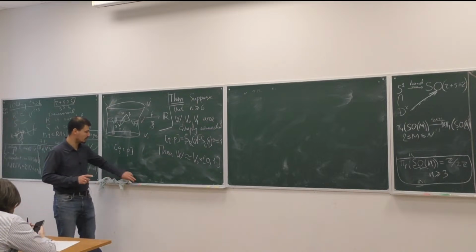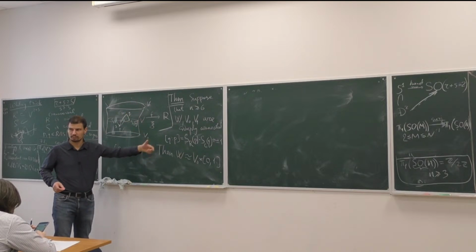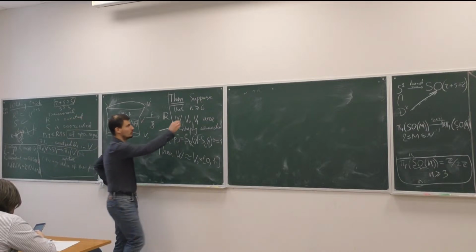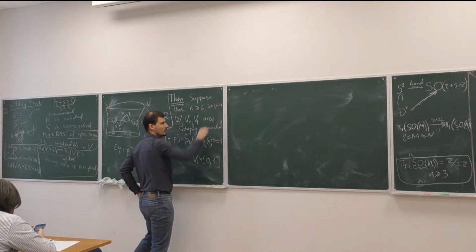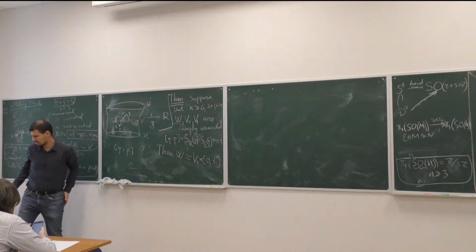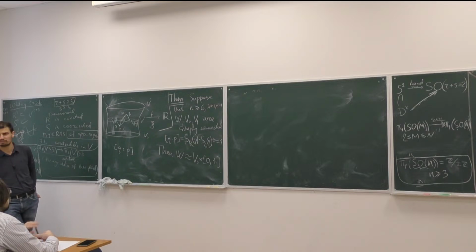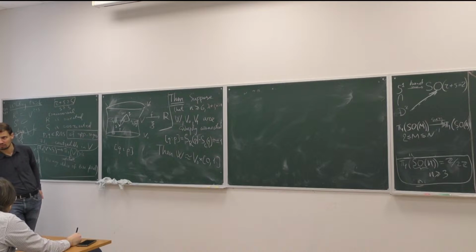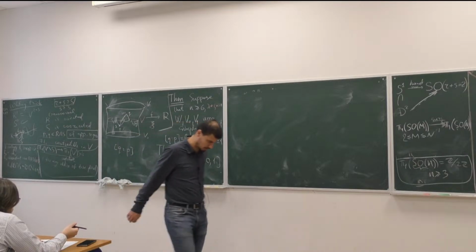And I would like to add one condition. This theorem is true in this generality, but I want to prove it with some additional condition. I want to add here that lambda is not 1 and not n minus 1. It is not important for the statement, but it is important for the proof. 1 and n minus 1 are special cases that we need to think of in a special way.